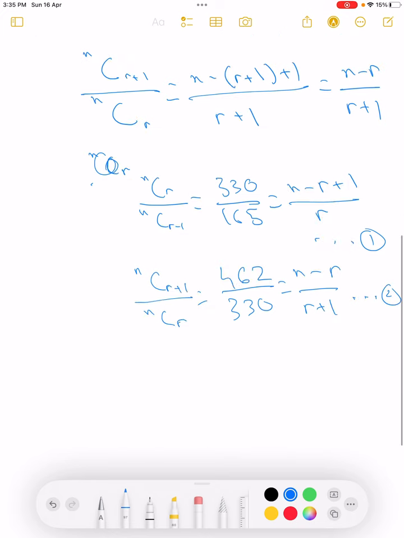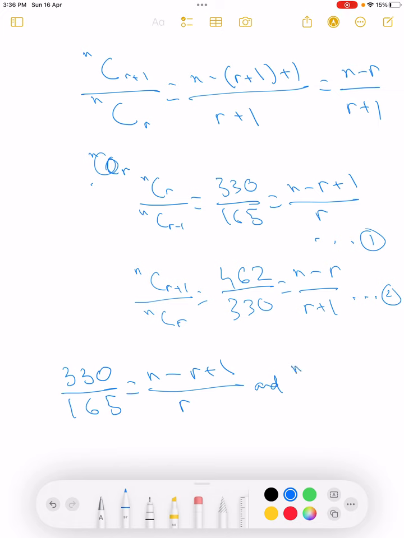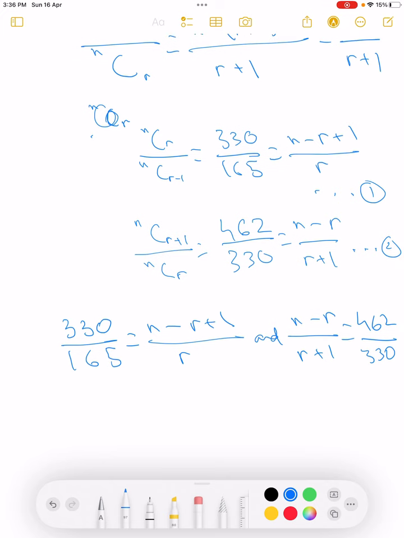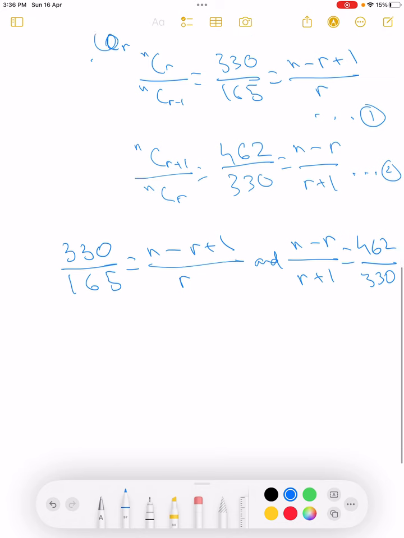So we basically have to solve these simultaneous linear equations. So I can solve this.